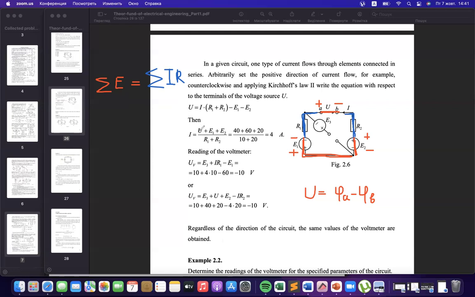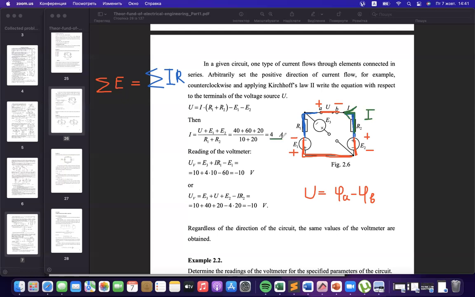And the current will equal the three voltages divided by two resistivities. Substitute all values from the initial data, and we obtain the current 4 amperes, flowing from the plus to the minus in this direction, 4 amperes.